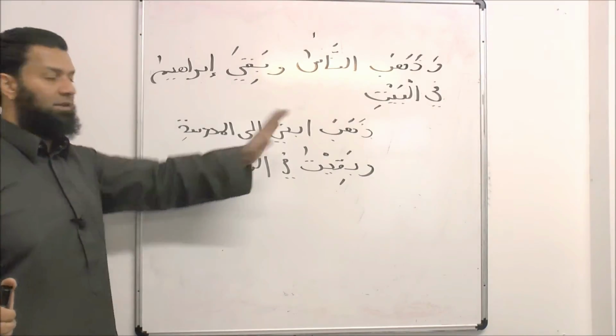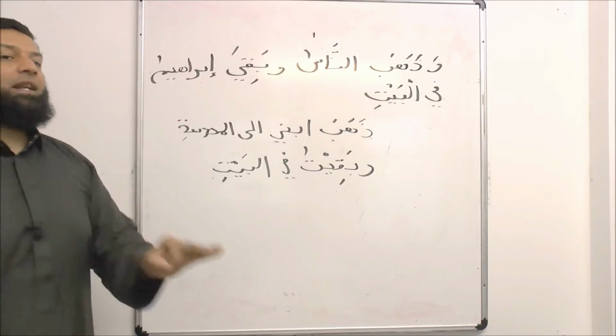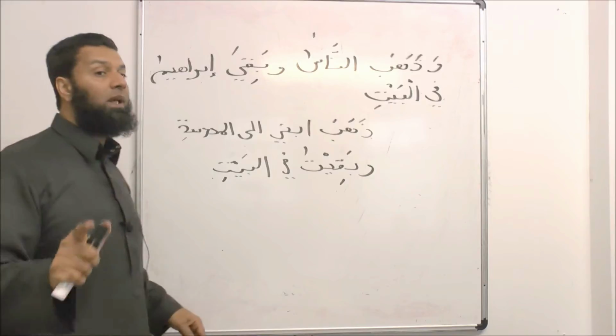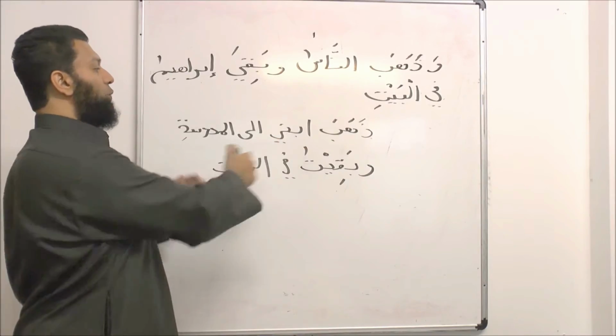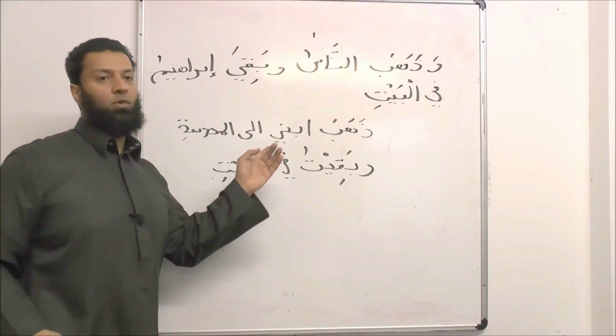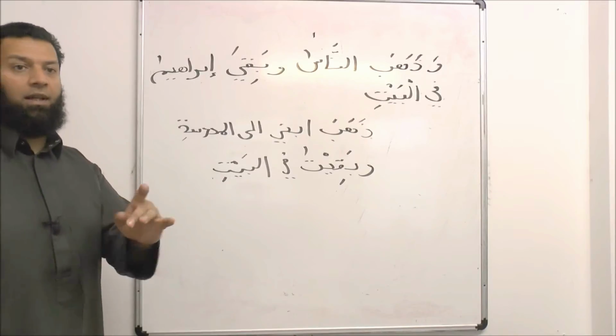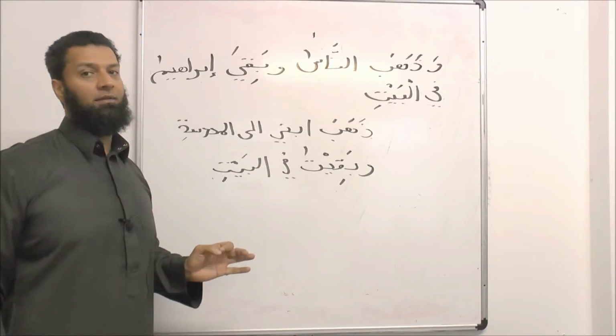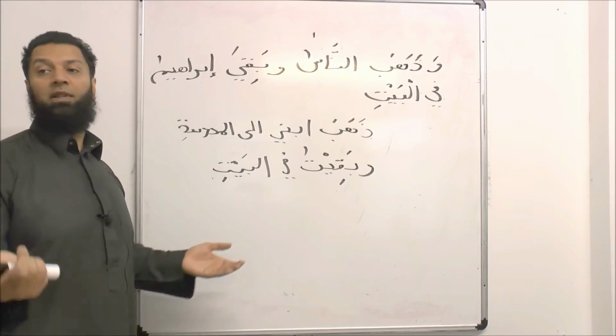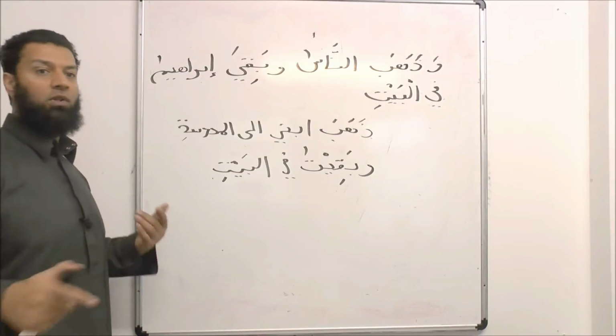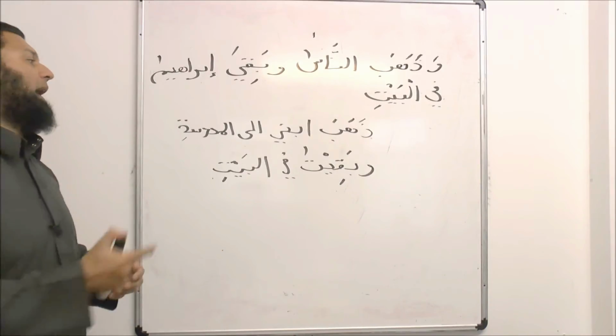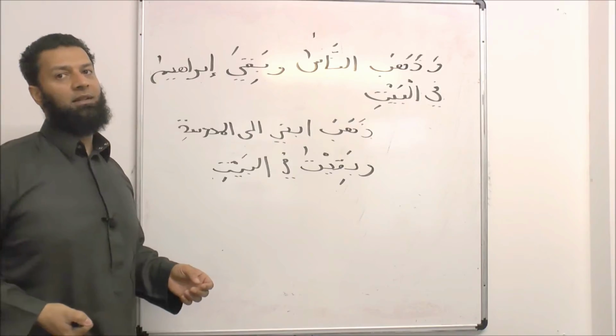Can you see the difference between reading that as it's written and understanding it, and being able to say it? There's a difference, isn't there? One's a bit more difficult, but how much more difficult is it?